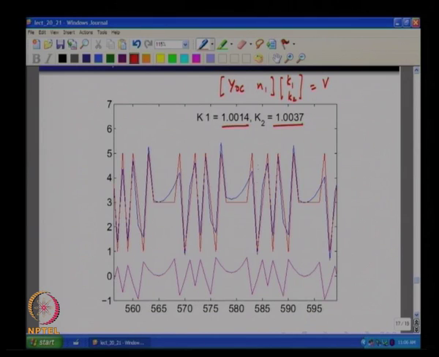This here represents what do you think? What sequence is that? No. Look at the red sequence. What levels does it take on?